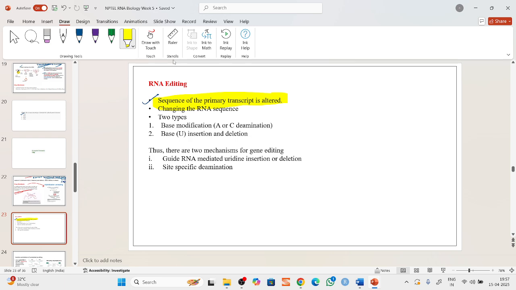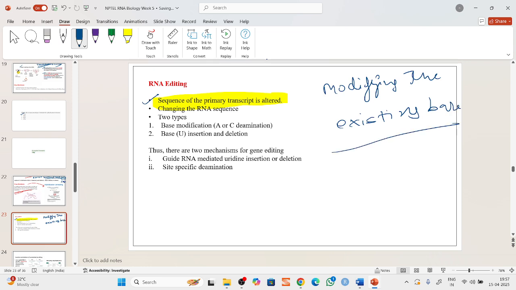Now RNA sequence can be changed in two ways. First is base modification, that is deamination, or insertion or deletion. That means we are modifying the existing base by A or C deamination.